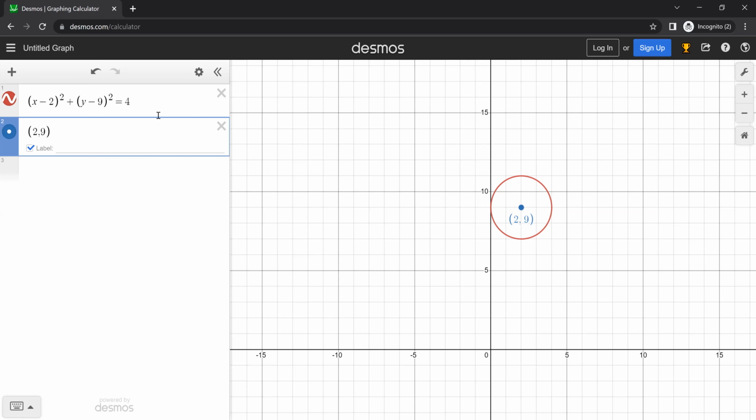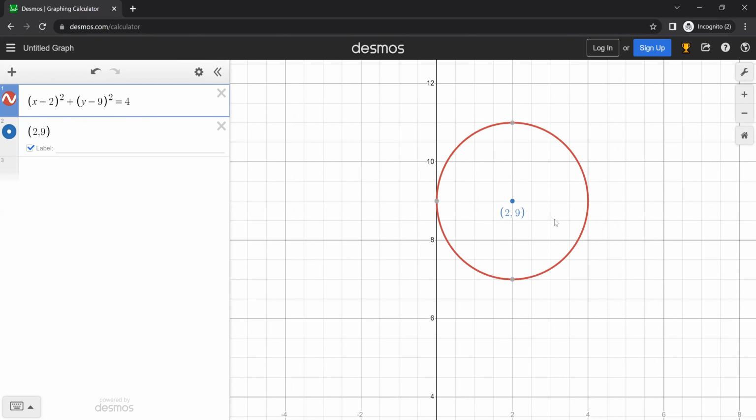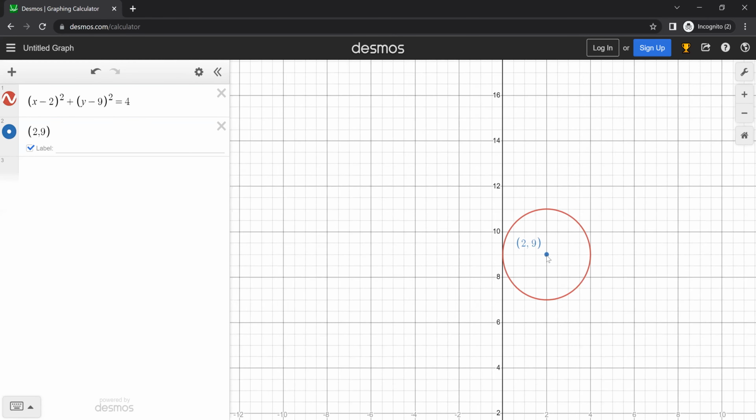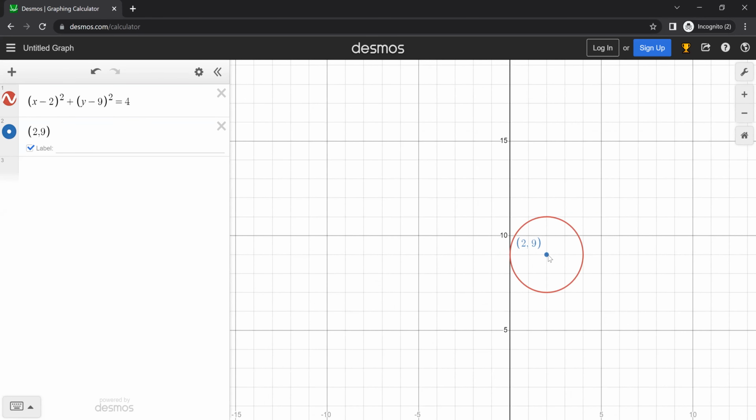Okay, so notice that I've graphed the equation of the circle and then I've graphed the center. Now, if I just zoom in here on the center, if I go to the right 2 places, do you see how I get a point on the right of the circle?